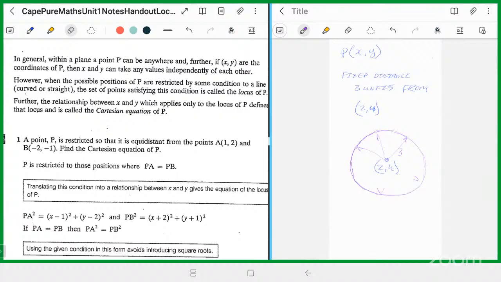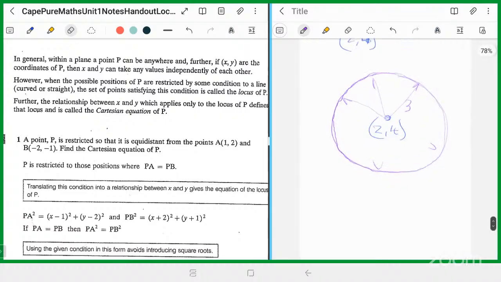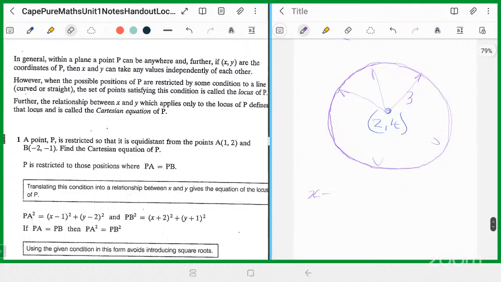What would be the equation of that circle, based on what we know? It will be (x minus 2) squared, where 2 is the x value at the center, plus (y minus 4) squared, which is the y value at the center, equals the radius squared, which is 3 squared.